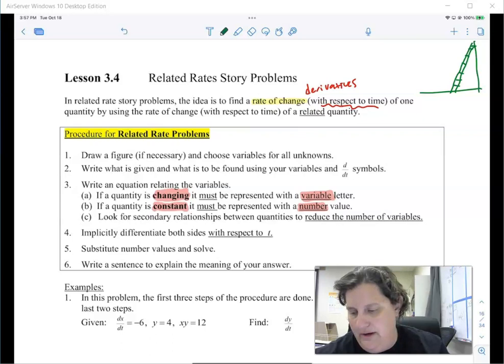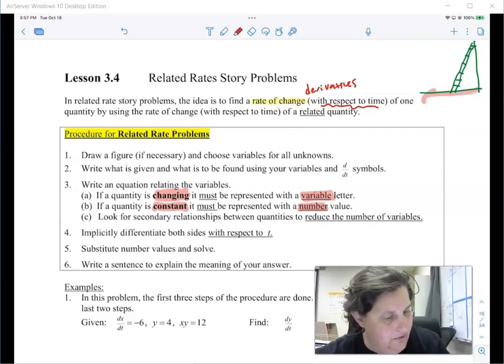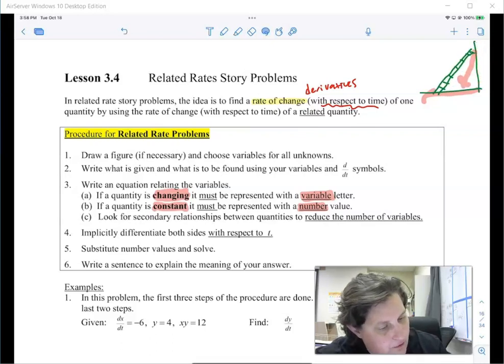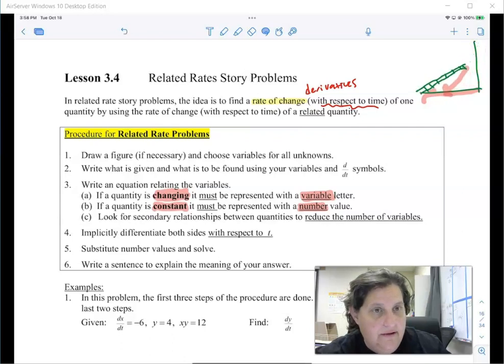Well, now what we're going to do is the ladder is going to slide down the wall, okay? So the ladder with the guy is sliding down the wall and sliding across that thing or whatever.